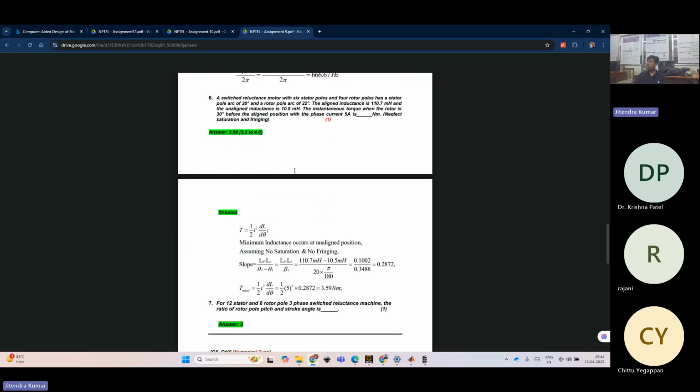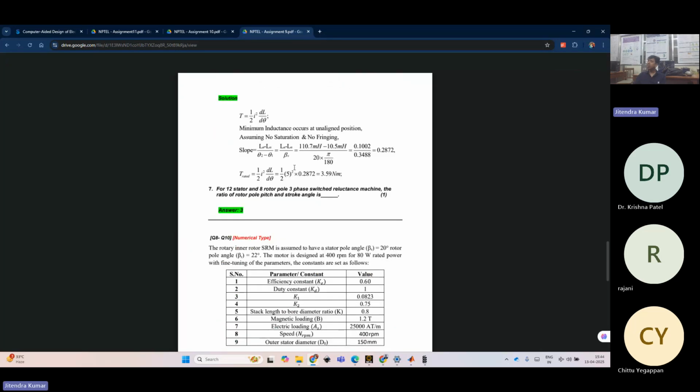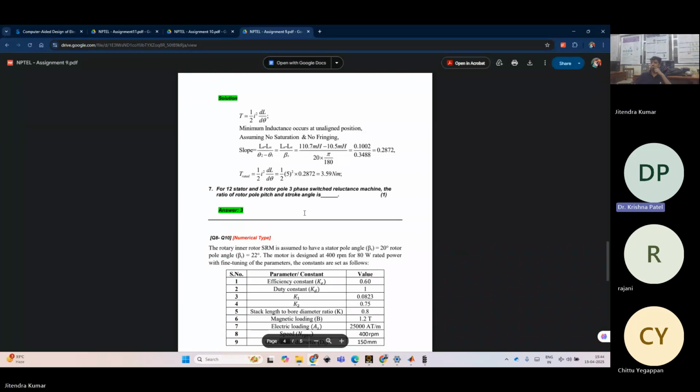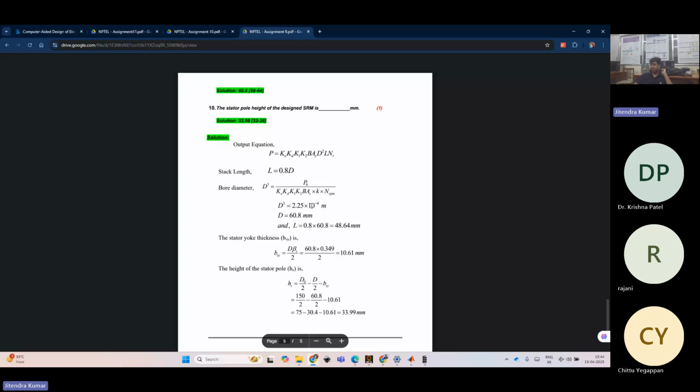Okay, then. Some unaligned problem also. Sir, in this question number 10, the pole height. No, pole height was, I think, correct. I'm getting 44.59. We discussed this last week, right?